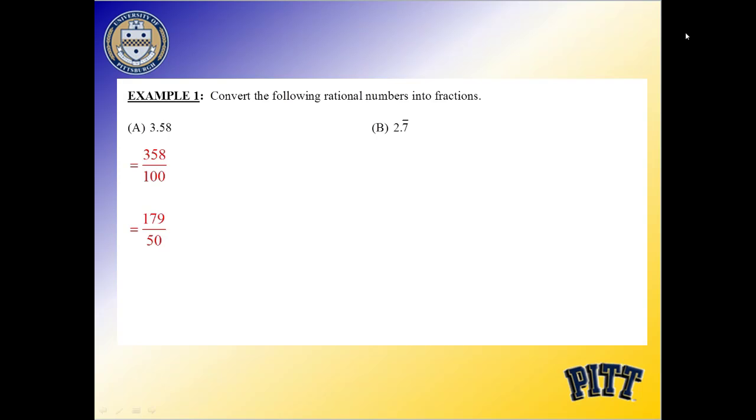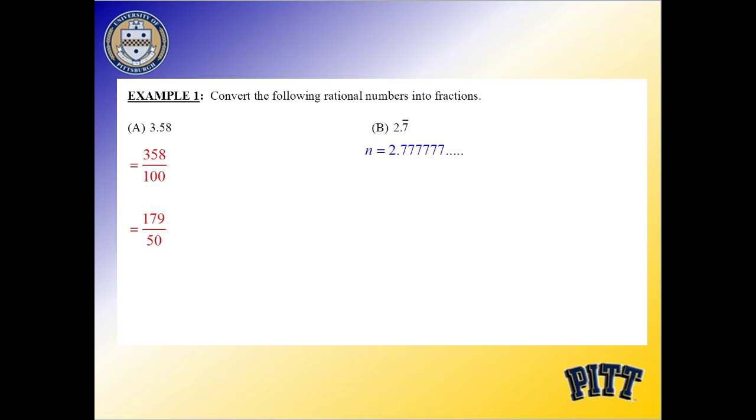But as I said, a terminating decimal is not too hard. It's just basically moving the decimal place to the end, so you no longer have any more decimal places. When I have a repeating decimal, no matter how many spaces I move that decimal point to the right, I'm going to have more 7s to the right of it. Because this is like having 2.7777 forever and ever and ever.